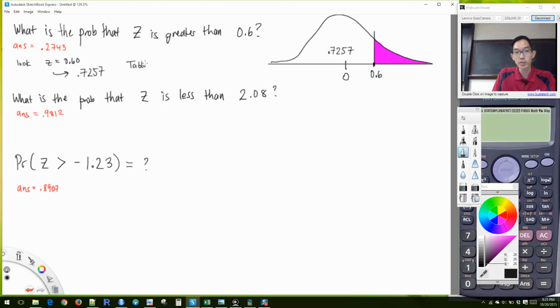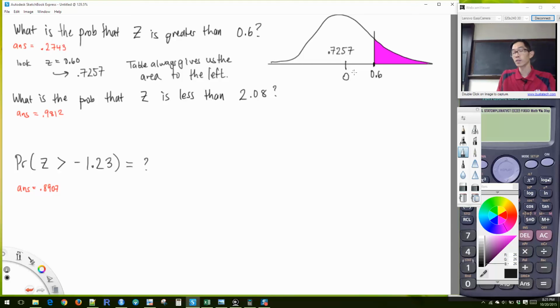Table always gives us the area to the left. So if you look up 0.6, it will give you the area to the left of 0.6, which is 0.7257, which makes sense because the area to the left of 0.6 looks like it's more than half of the hill.